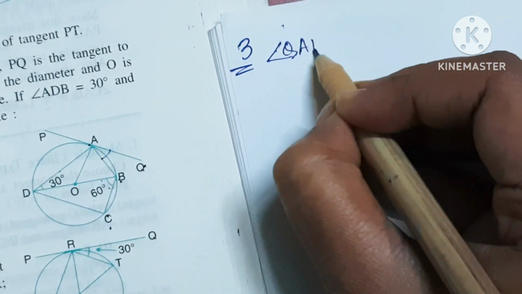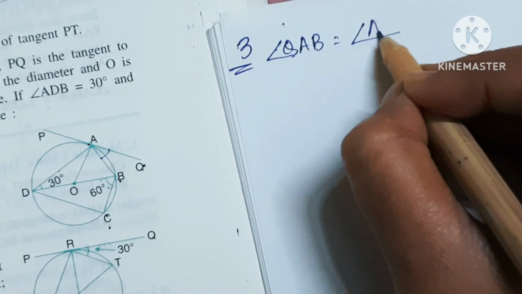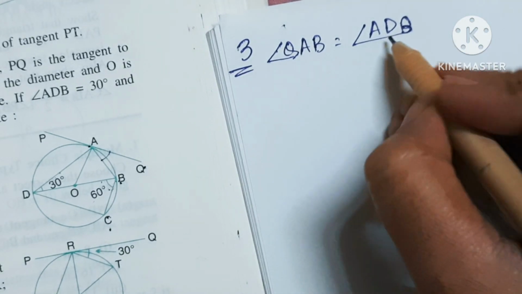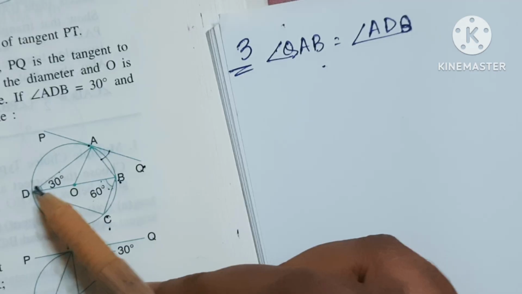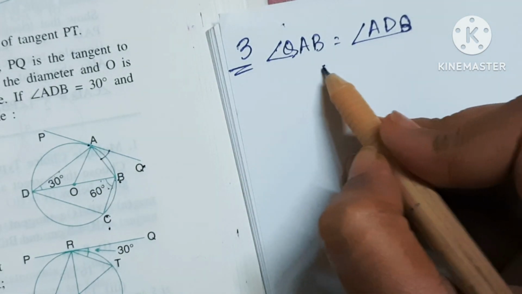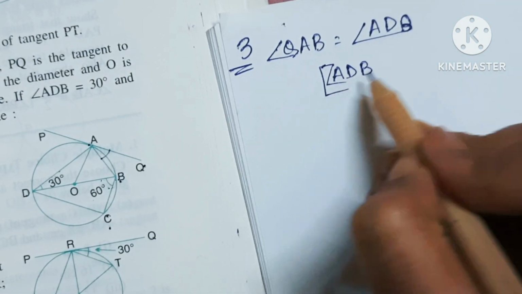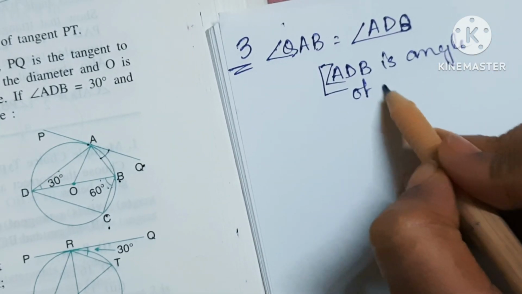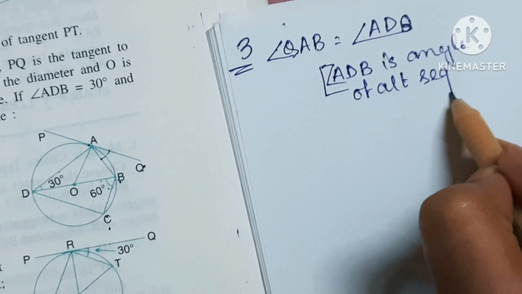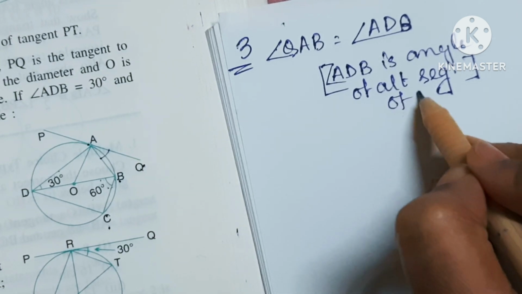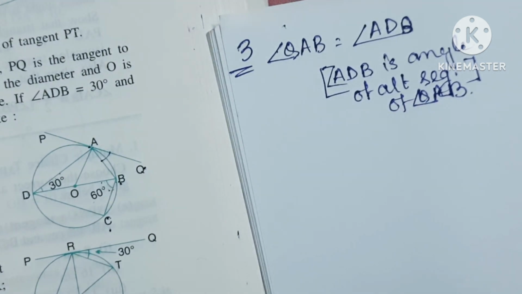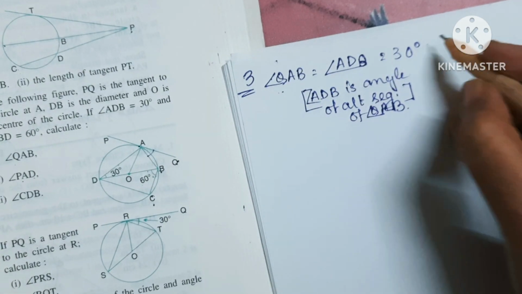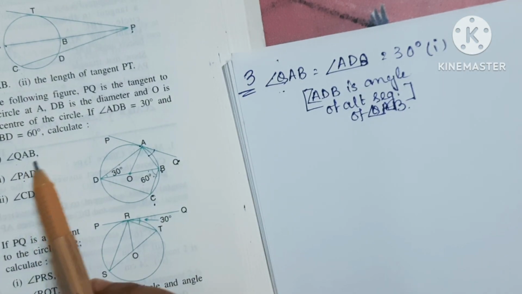Angle QAB will be equal to angle ADB, because ADB is the angle of alternate segment of angle QAB. So that means it will be 30 degree. This is the answer of the first question, QAB is 30 degree.